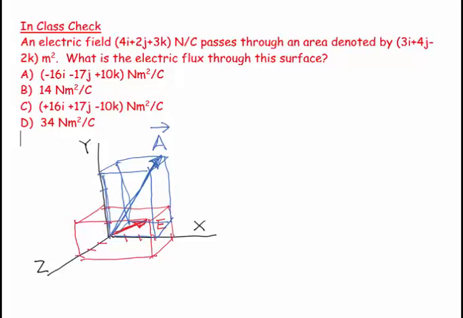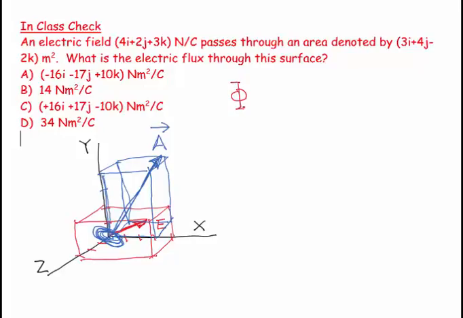It truly is a 3-dimensional problem, and yet I can find the flux through this system just by using a simple mathematical method, which is our so-called dot product or scalar product. My area I'm envisaging as being like that. It's that surface there, and it's represented by this vector here. It takes what would be a very complicated thing and makes it relatively simple.